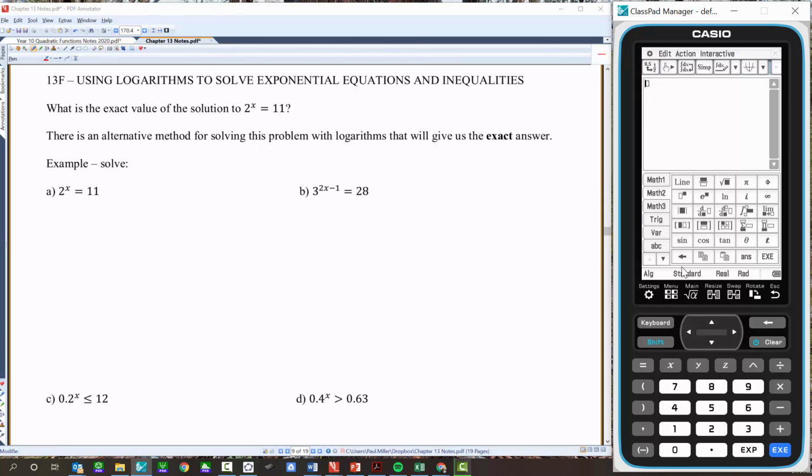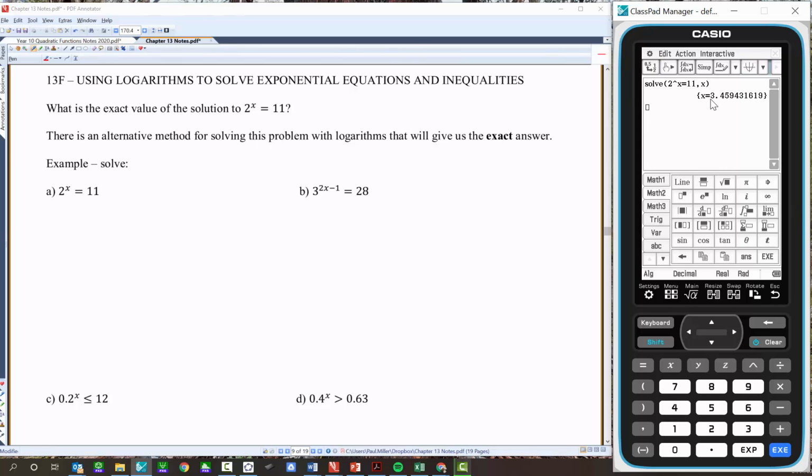Let's have a look on our calculator what the answer is. So I'm going to run a solve 2 to the x equals 11 for x. Now I know that the answer is going to be somewhere between 3 and 4, so 2 to the 3 is 8, 2 to the 4 is 16, but I don't exactly know what it is.